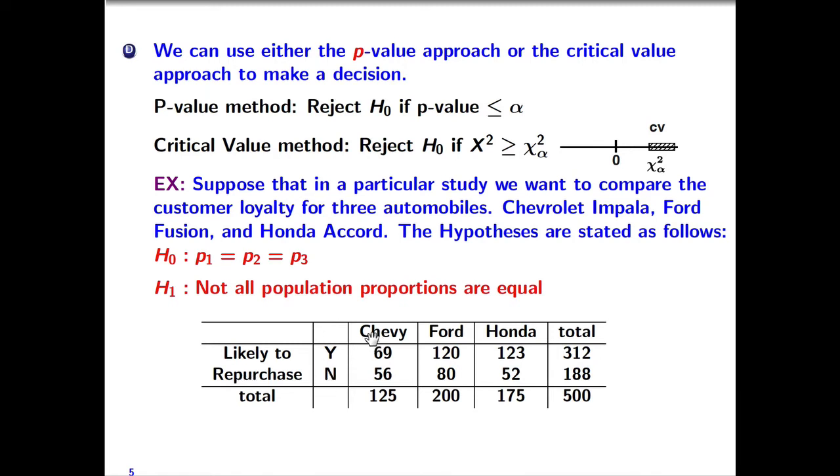For no, Chevy is 56, Ford 80, Honda 53, and the subtotal for no is 188. And then for Chevy, a subtotal of 120, Ford subtotal of 200, and Honda subtotal of 175, and the grand total is 500.